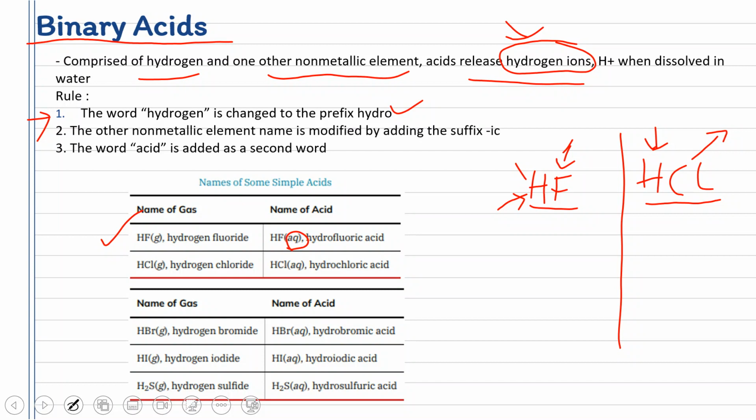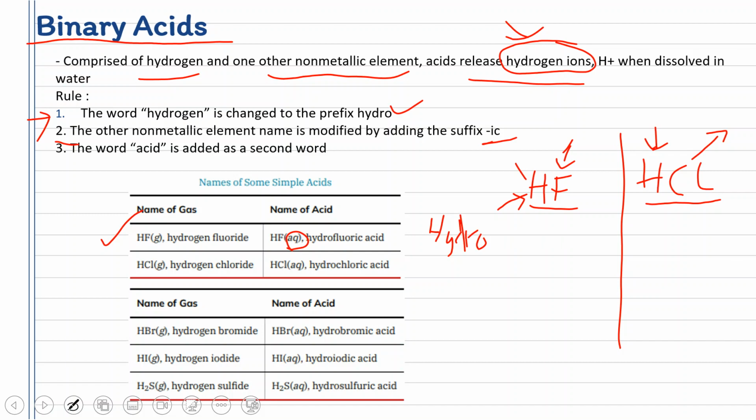Okay, so how do I name this acid? We're saying that you change the hydrogen to hydro. So my name is going to start with hydro. So the first rule: change the hydrogen to hydro. What is next? The other non-metallic element. Look at rule number 2. The other non-metallic name is modified by adding IC to the suffix.